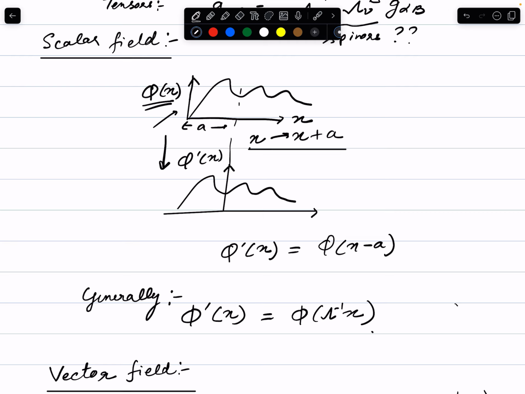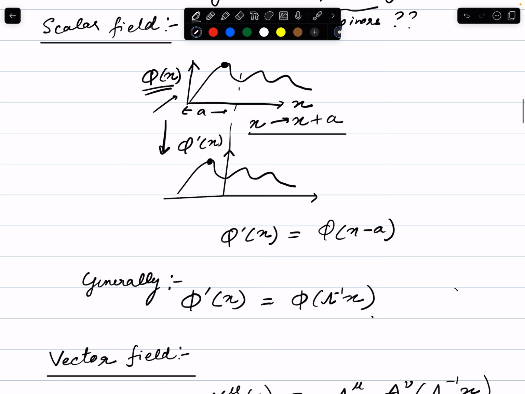And for the new field phi prime of x, of course the value at a given physical point remains unchanged. The only thing that has changed is that I have shifted the coordinate system. I have translated the origin. I have defined a new coordinate system which is a distance away. So for a scalar, the field at this point and the field at this point are the same.